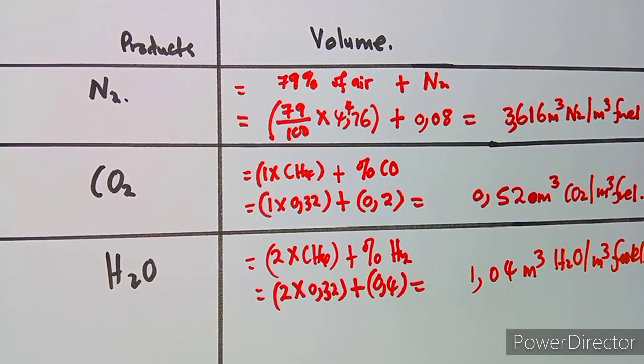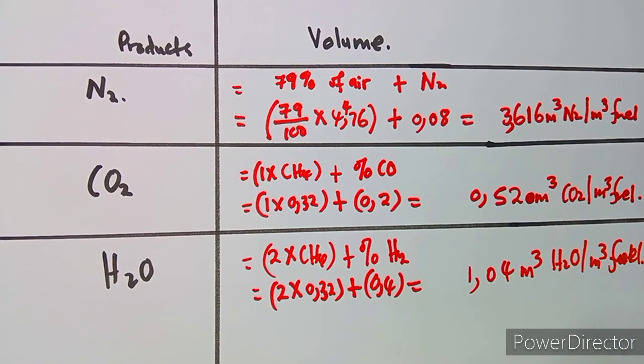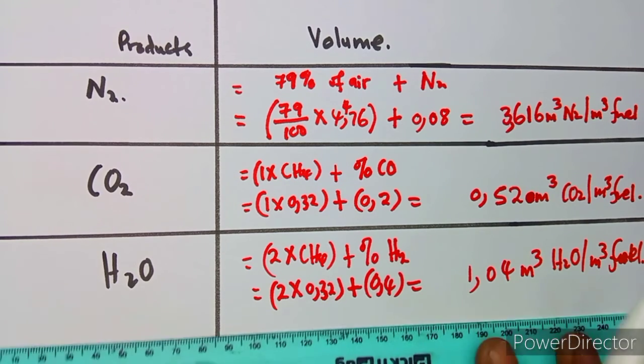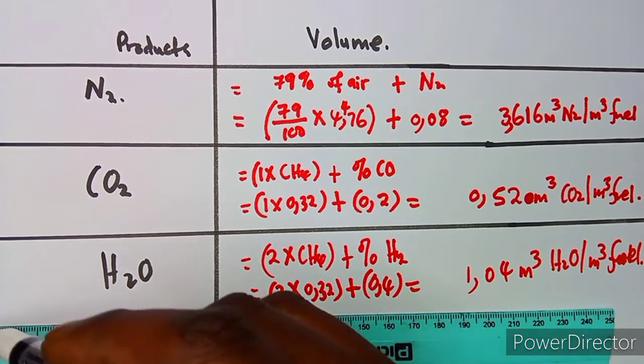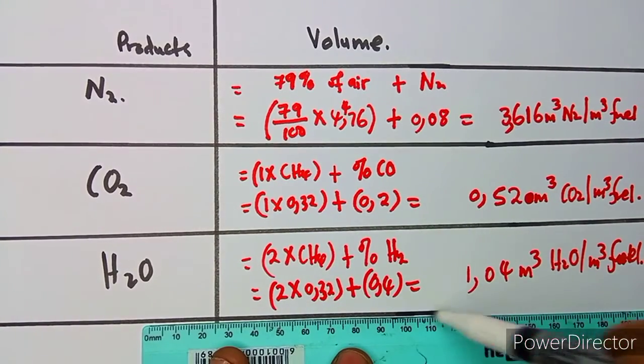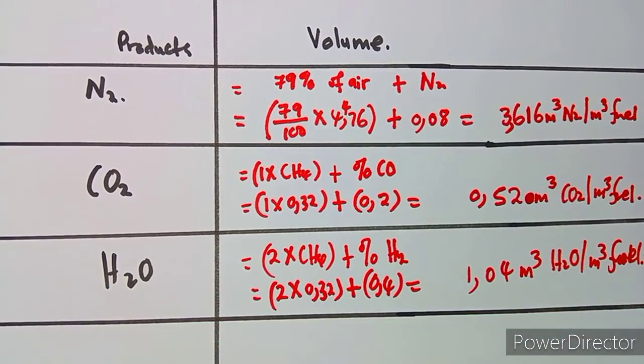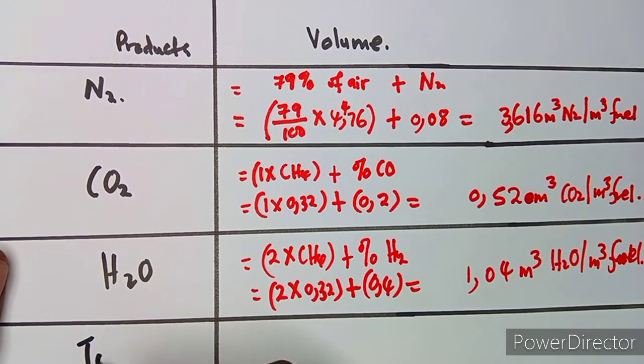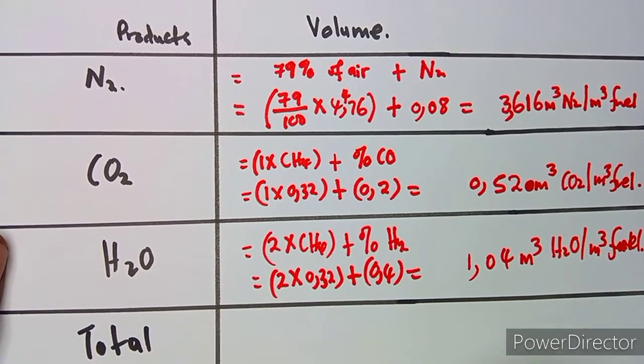Okay guys, that's what we had for this particular part. Or you can just leave it like that. Okay, let's just have our total. It can make sense, because now remember I want to calculate the percentage, so we need also this total. Okay, so let's add our total.